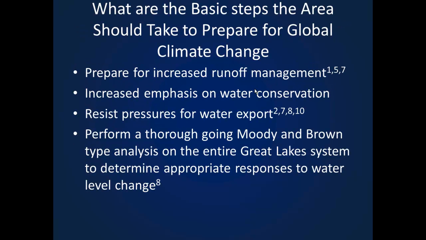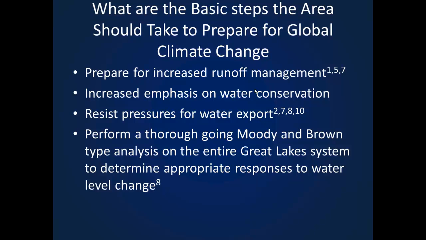So, bringing it back to the overall picture, what are the basic planning steps we should be doing on a local and sometimes less than local level to prepare for the effects global warming and global climate change will have on Lake Erie and the basin as a whole and our water supply? We should definitely prepare to manage increased runoff, because that's fairly certain.